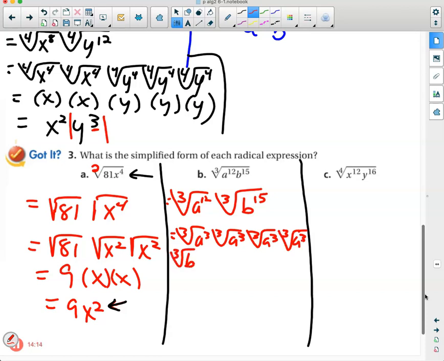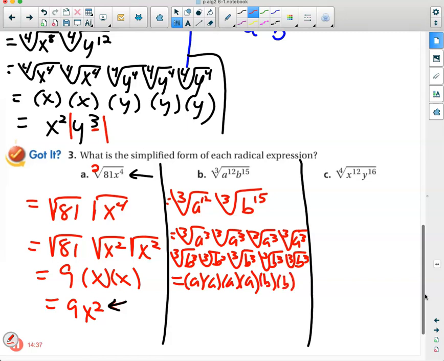Cube root of b to the 3rd, five times. Well, we'll have a times a times a times a. And then we'll have b times b times b times b times b. And that will give us a to the 4th, b to the 5th.